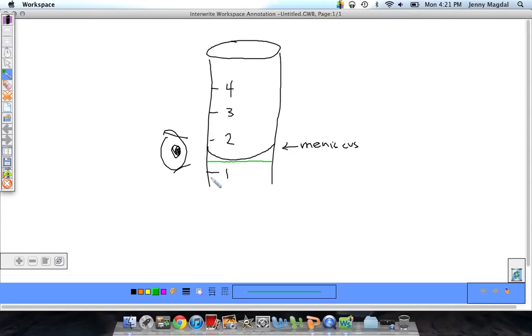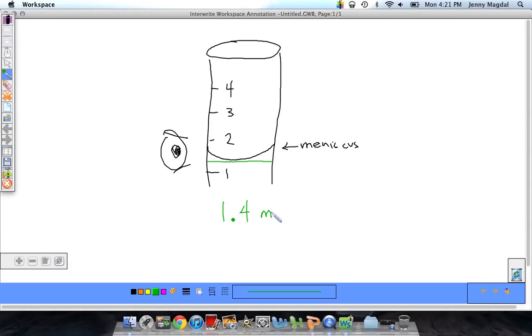I know my certain number is somewhere between 1 and 2. So I can say, I know 1 for certain. My estimate, my guess, is that it's at 1 point, to me it looks like a 4. My lab partner might say a 3. Another person might say it looks like it's halfway through, so 1.5.